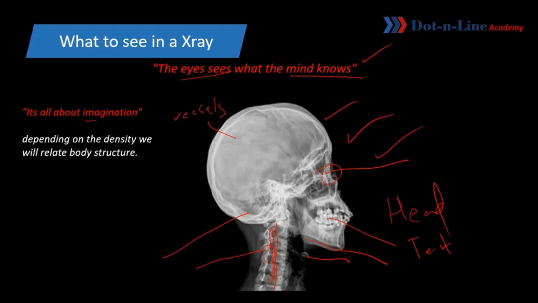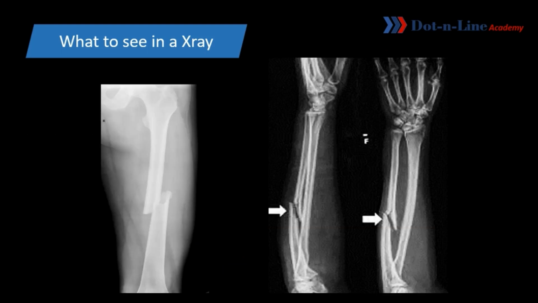It's all about imagination. Coming back to the principle, the densities, relate that structure with the density of that particular structure, the heaviness, the softness, the airfulness, and you will get to know what it is. Let's take this example.